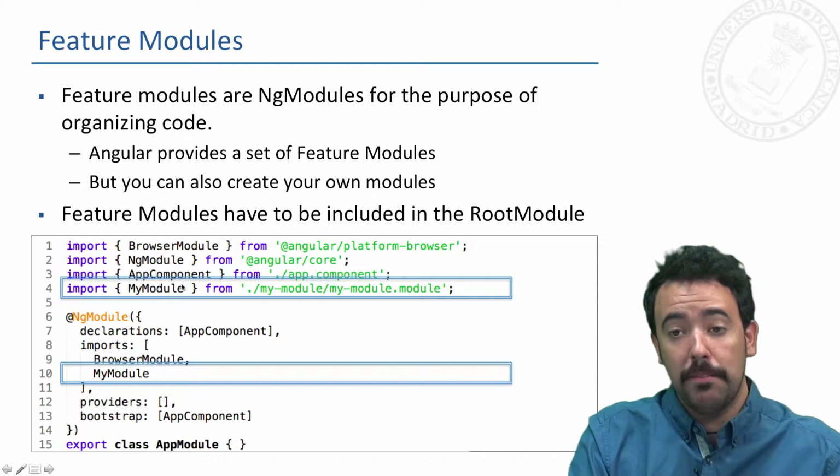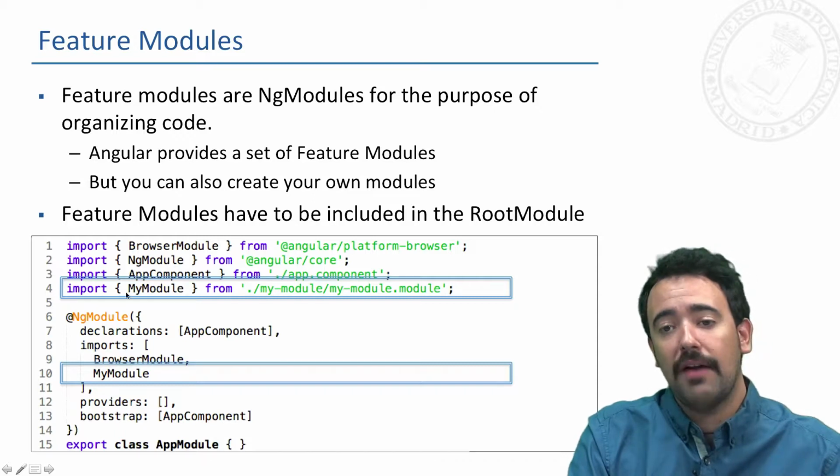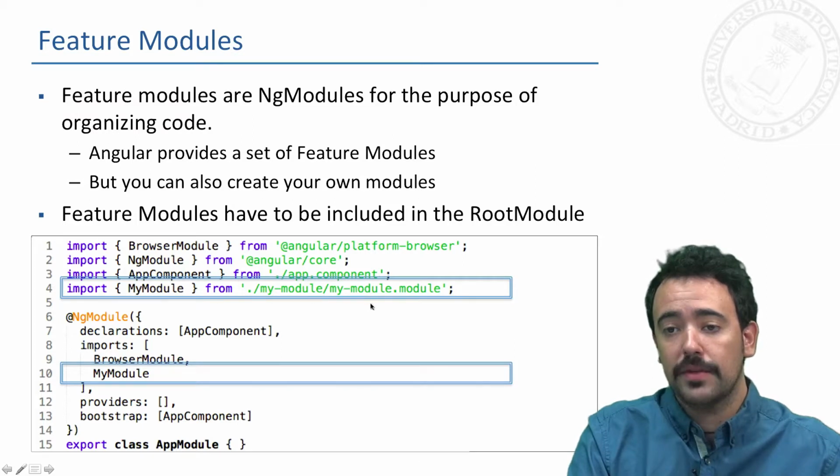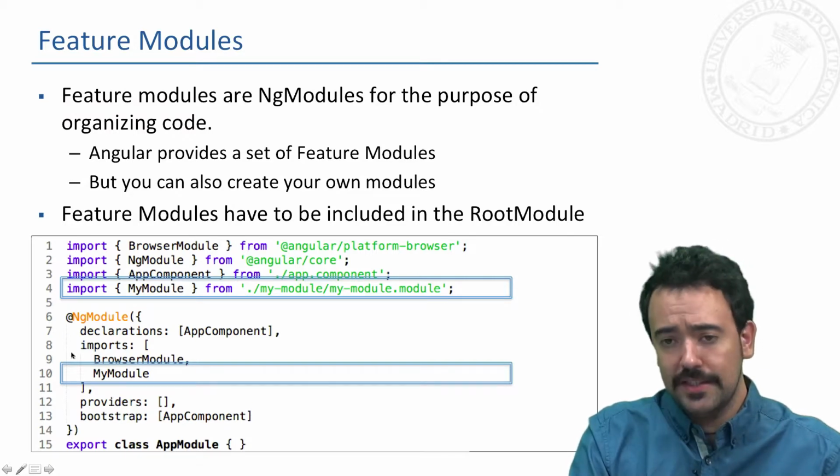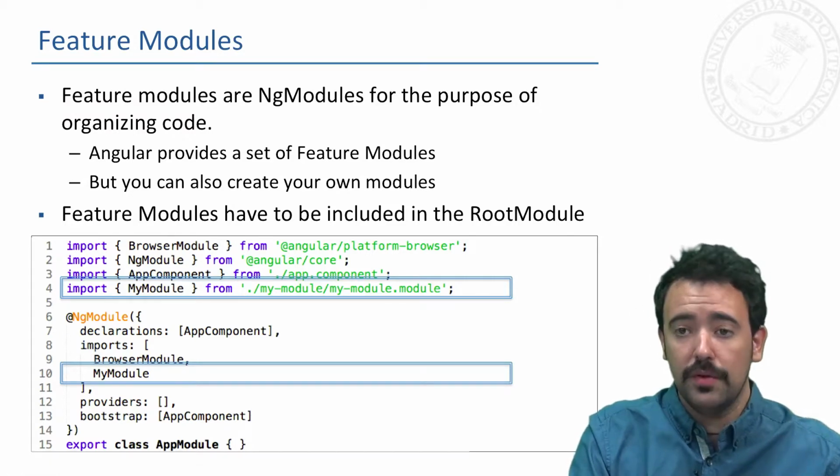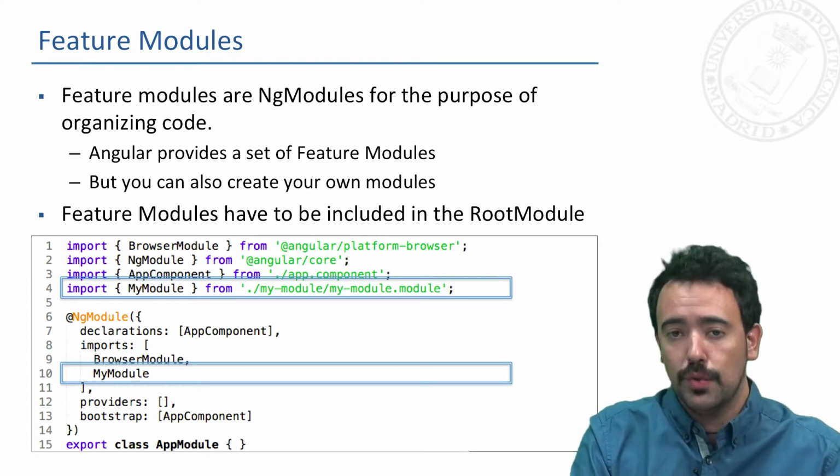Firstly, you have to import the module. So imagine you have a feature module that is called MyModule. You have to import the file from the specific folder, and then you have to include the module in the imports list of the root module in this case, or in the module where you want to use your own module.